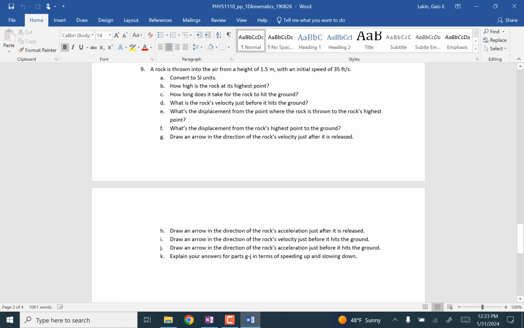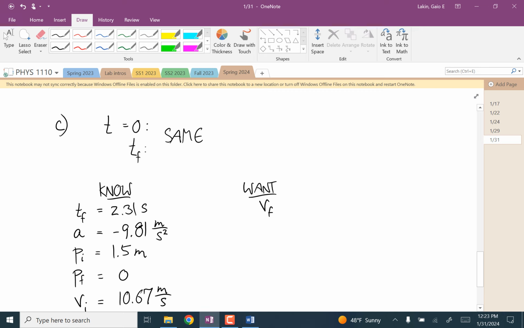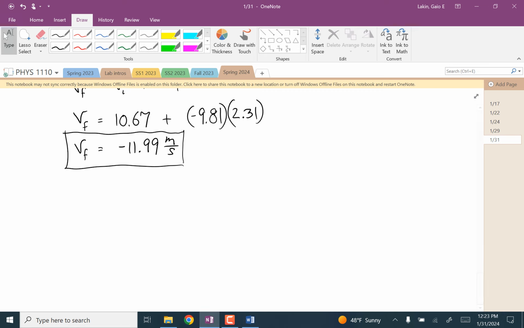Okay, now I think probably now we're hitting the ones that were confusing. One of them is because I haven't mentioned the word displacement yet. So, okay, that's very legitimate confusion. So, what's displacement?